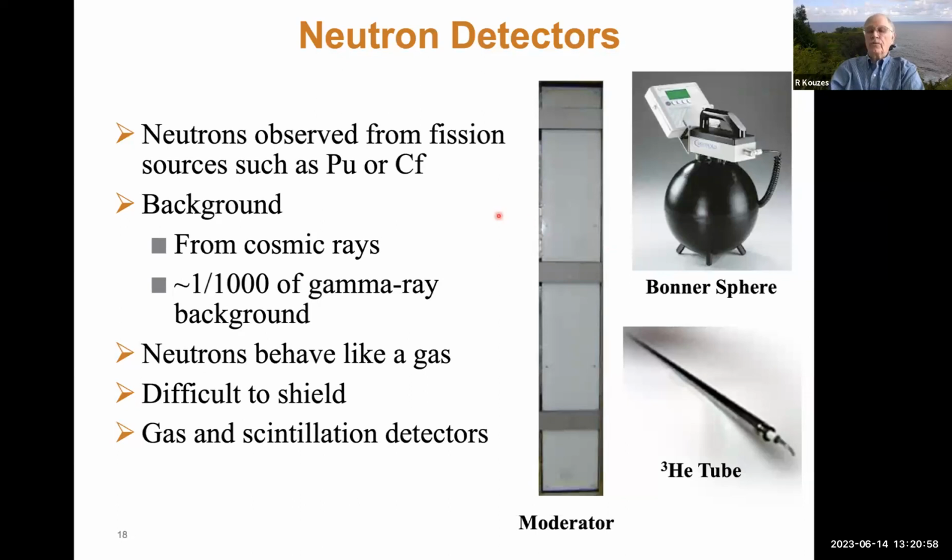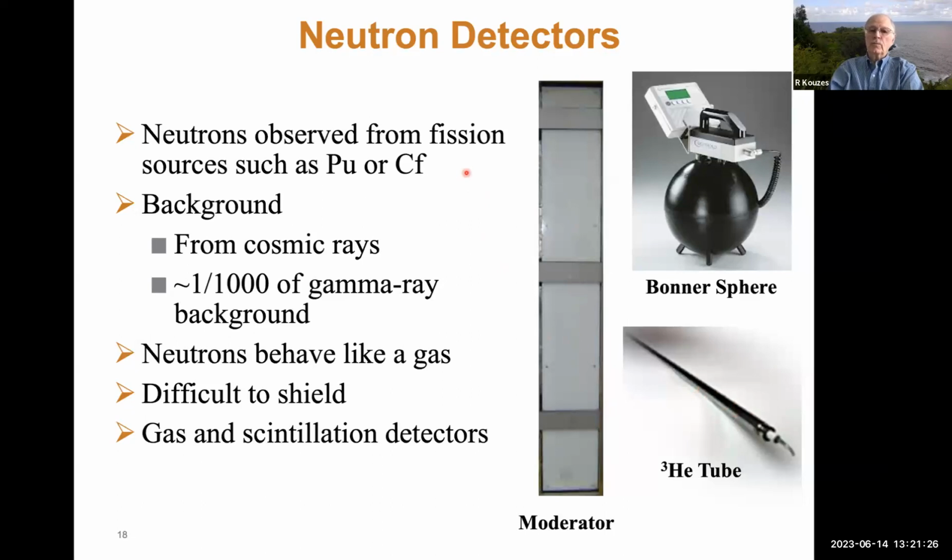There are detectors for fast neutrons, such as liquid scintillators and some plastic materials. But like I said, these thermal neutron detectors are much more common. Shown here is a large neutron detector, again on the scale of a radiation portal monitor type application, surrounded by a moderator material and a helium-3 tube inside.